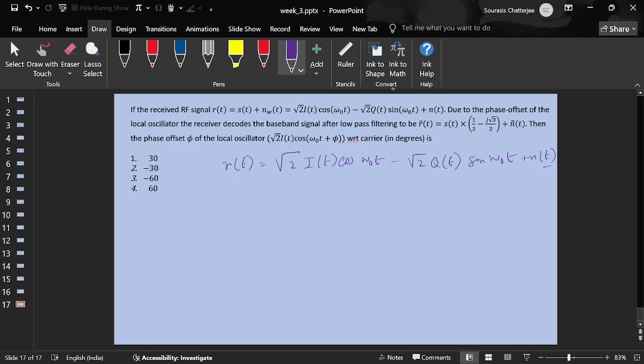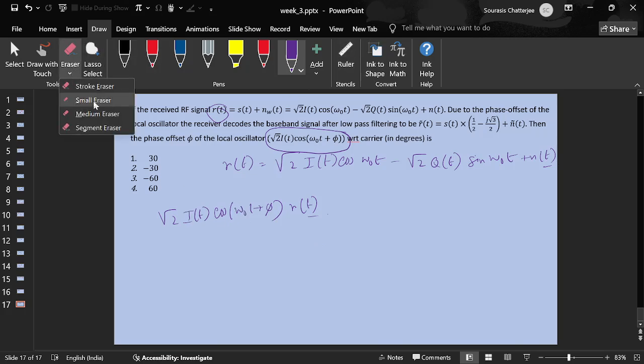The local oscillator is generating this, so I'm going to multiply this with r(t). That is square root of 2 cos omega naught t plus phi times r(t). Sorry, there is no i(t) here.